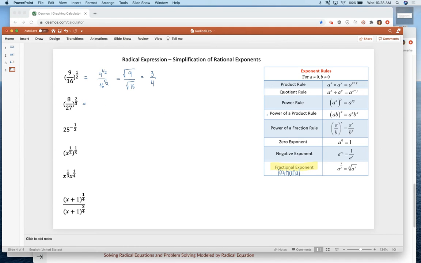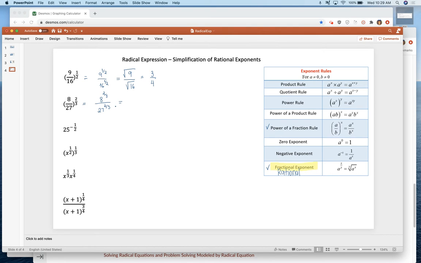Let's do the same with the second one. We have used this rule here and this here. Now let's use again the power of a fraction rule. So now I have 8, that's the numerator, to the power of 2/3, and 27 to the power of 2/3.